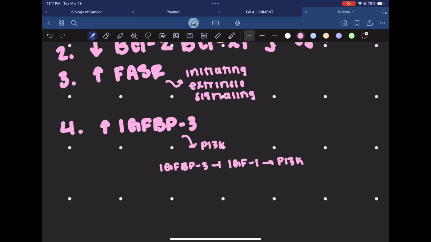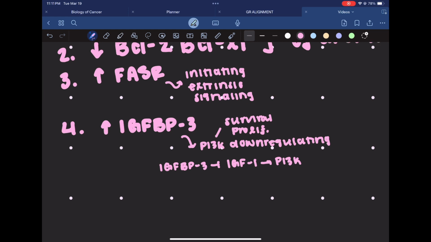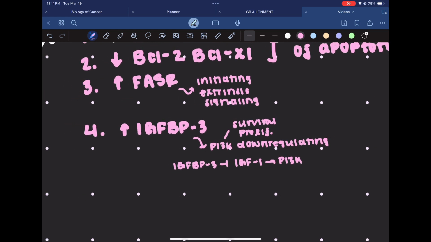So this is going to inhibit activation of the PI3K pathway, so we're down-regulating that pathway. PI3K is important for survival, proliferation, etc. All good things for cancer cells. So we want to prevent that from happening by inhibiting this pathway.